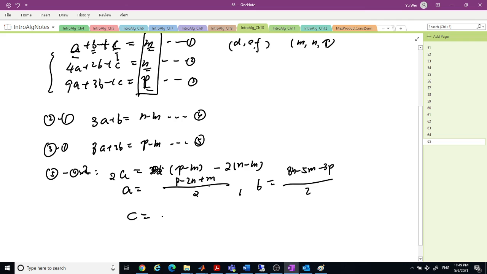So that means once you know m, n and p, right, a, b, c can be determined. So the same thing you can solve d, e, f, right? So now you know that a equals d, b equals e, and c equals f. So the two quadratics are exactly the same.